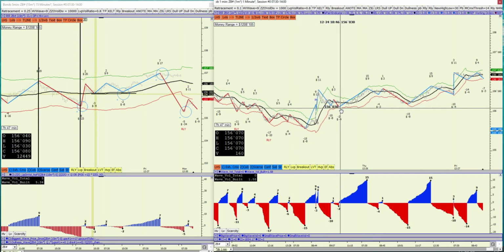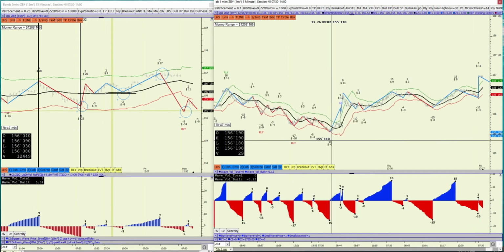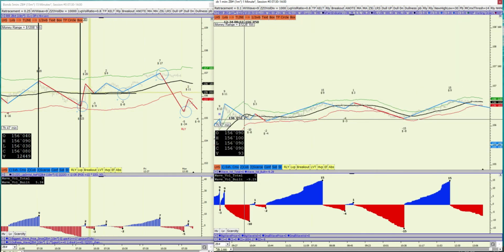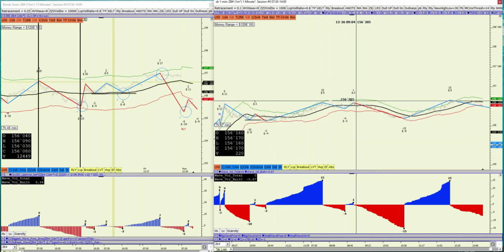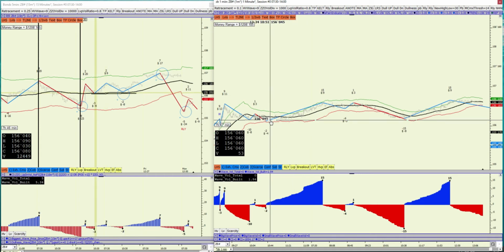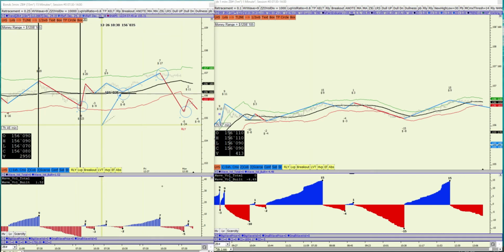Pulled back once, tested, and like I explained, this one is a different type of test. It is a spring. And then it rallies and rallies, and now it drives down on heavy price and volume action all the way down to the support level. So that's what happened at this point.